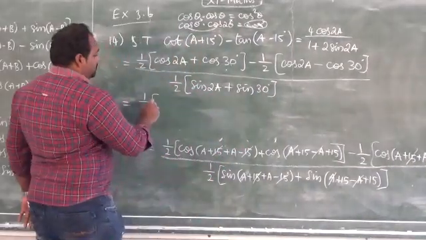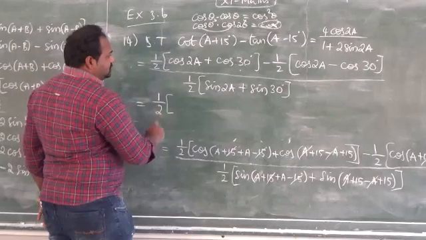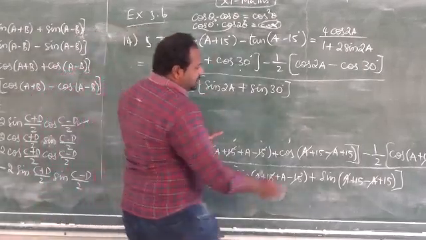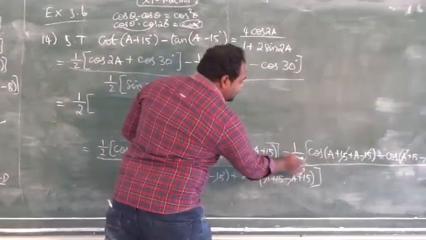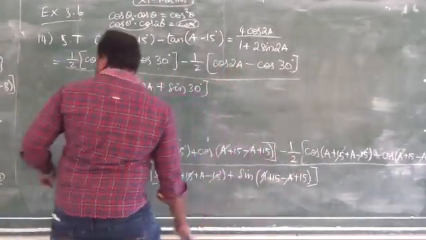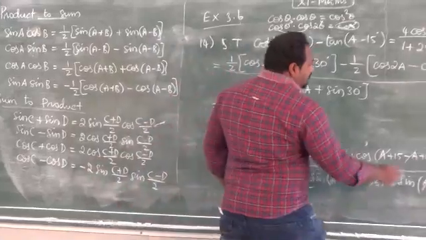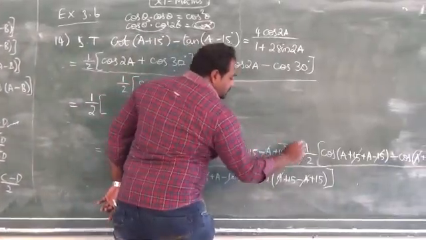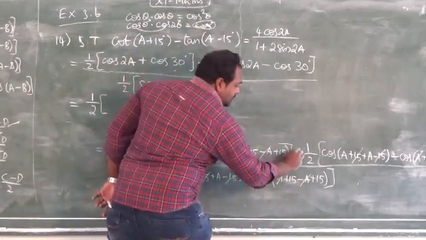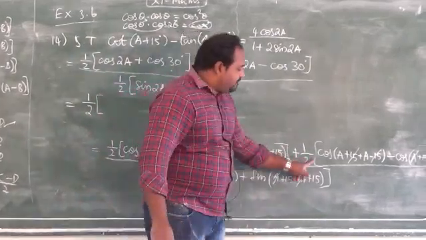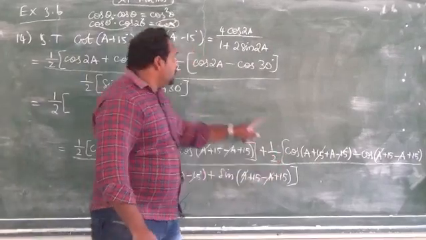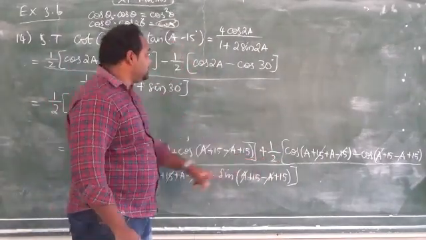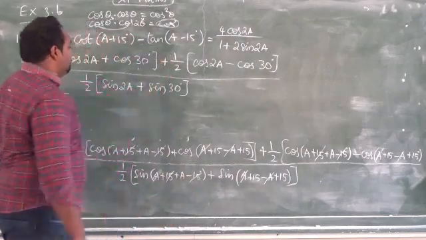Now I am going to take 1 by 2 commonly outside. Before that we had a mistake here. Actually the formula is minus 1 by 2 here. Already we have a minus in the question in the middle, so it will become plus. So it is plus 1 by 2.